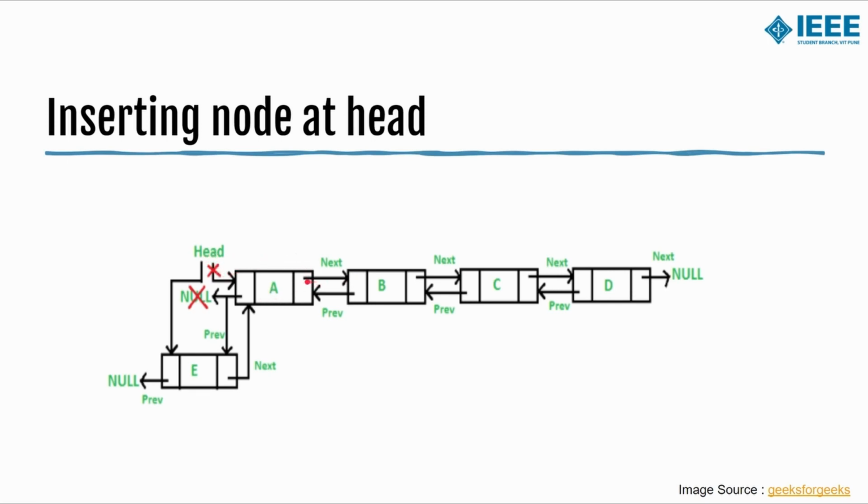The procedure of pointing towards the next node will continue until the last node, which will be pointing towards null. And just reverse to that, from the tail node, the previous pointer will be pointing backwards until it encounters the head node, whose previous pointer is going to point to null.